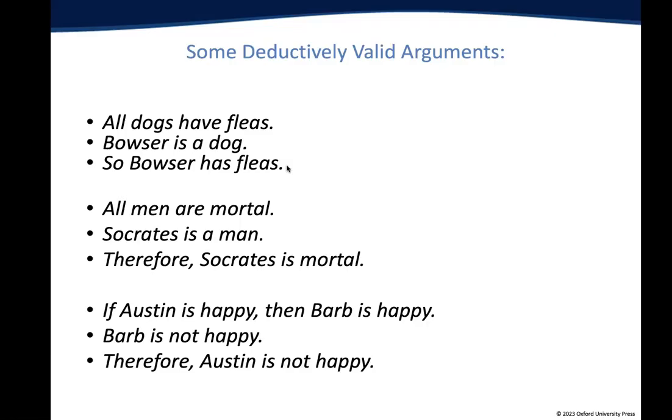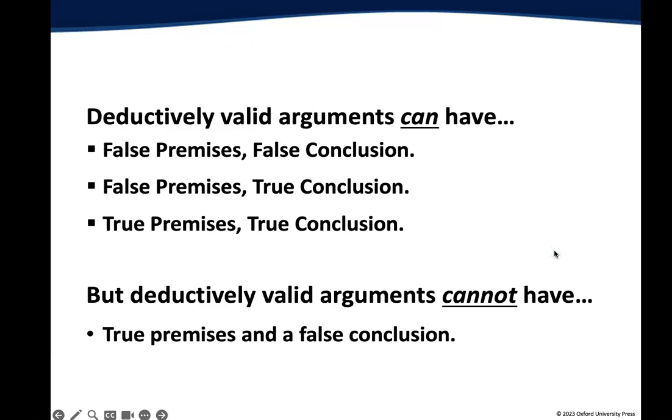But that doesn't mean that it's invalid as an argument, because this is the argument. It's deductively valid because this follows from these premises. But this might be a situation where there are false premises and false conclusions.